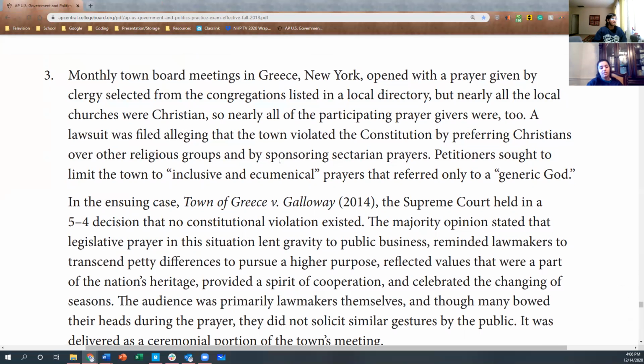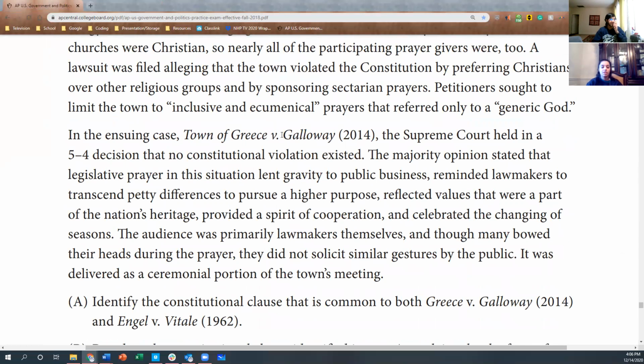In the ensuing case, Town of Greece v. Galloway, 2014, the Supreme Court held in a 5-4 decision that no constitutional violation existed, that they could do this.